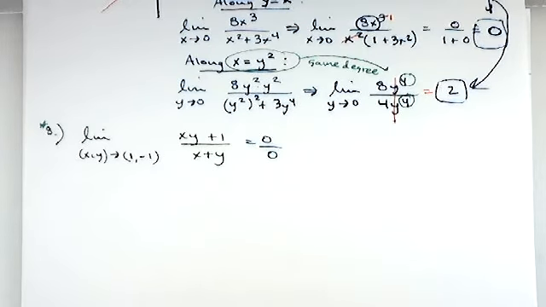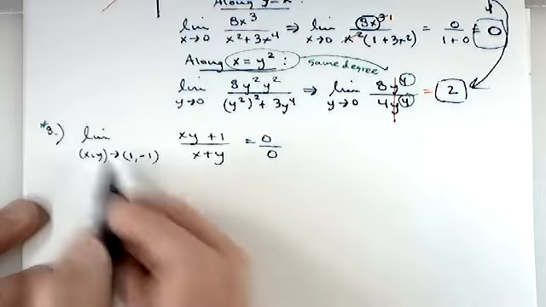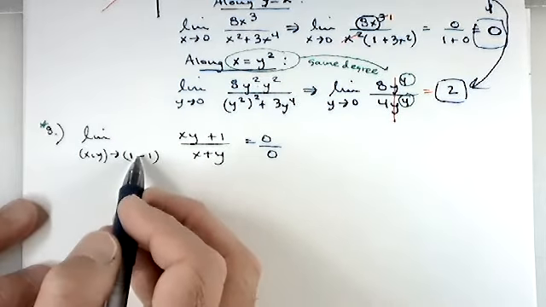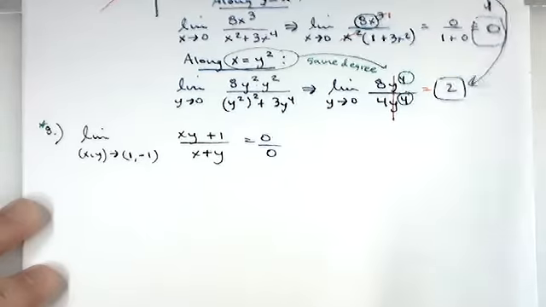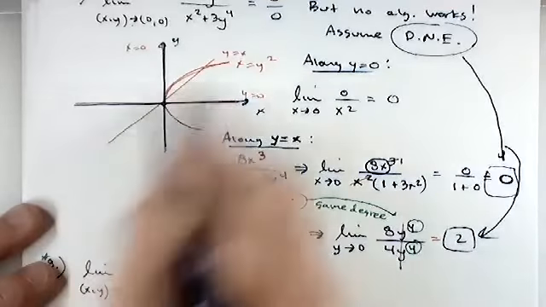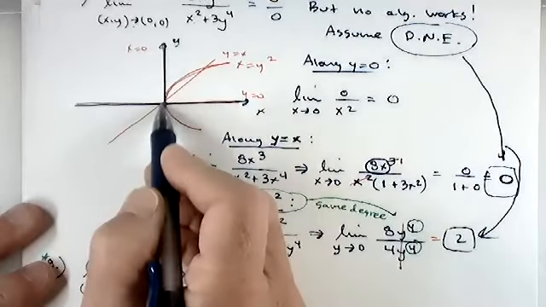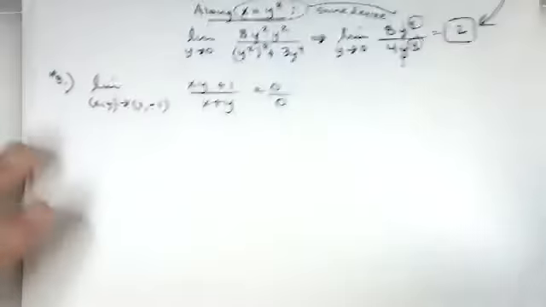We've just done 2 in a row, and I'm sure you've done some in class if you're there, where x and y is approaching 0, 0, right? And I don't want anybody walking out of here saying, okay, when I get 0 over 0, I should try x equals 0, y equals 0, y equals x, all of these things here. These only are my choices because they pass through 0, 0, right?